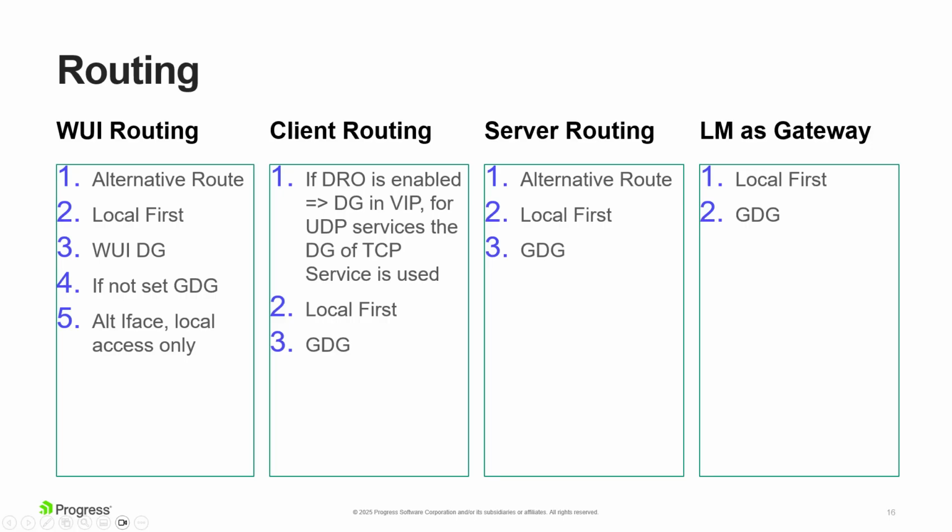Now let's look into the web user interface, so your management for the LoadMaster. There's also the static route, highest level. So if I have my client set in a static route to use a certain way to get to that client, that has the highest priority. After that, what I know locally, I will go through that path locally. Obviously, the LoadMaster is a Linux-based entity, so that's proper Linux behavior.